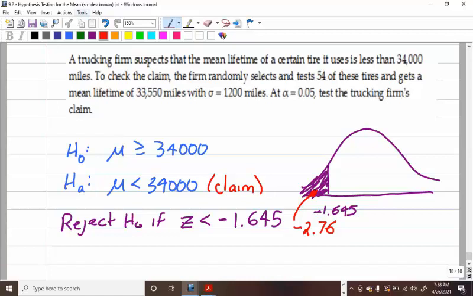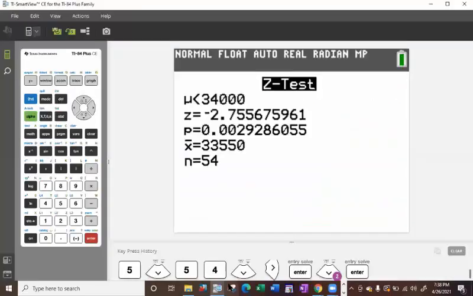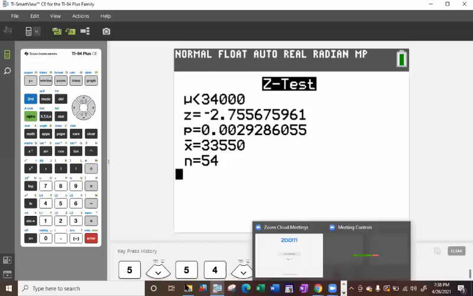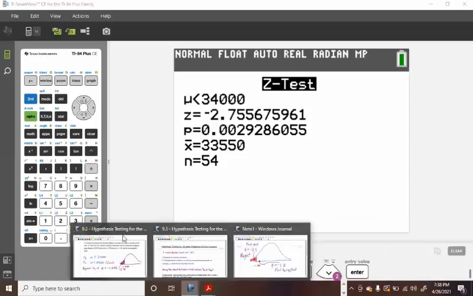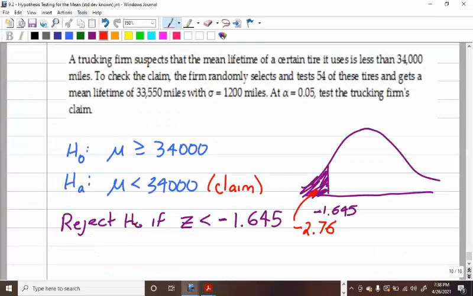We like that claim. Let me go back to p-value just to show you that. 0.0029 is less than 0.05. So that just verifies the reject.